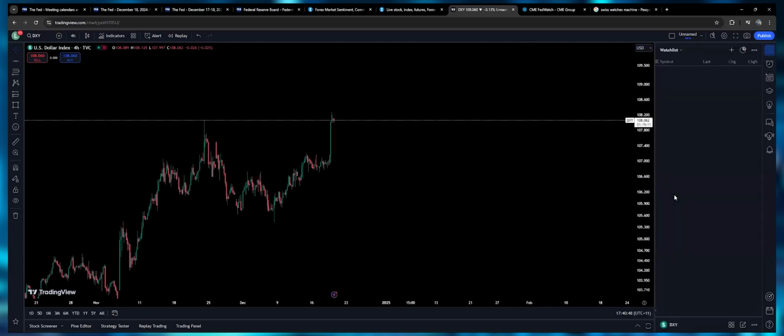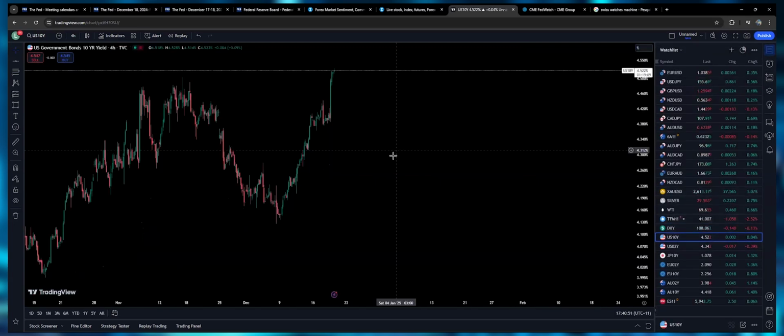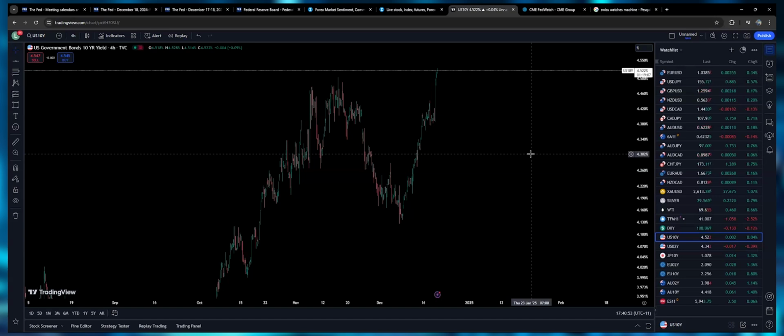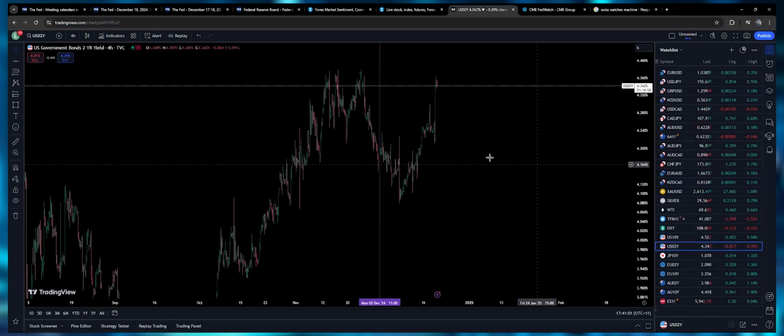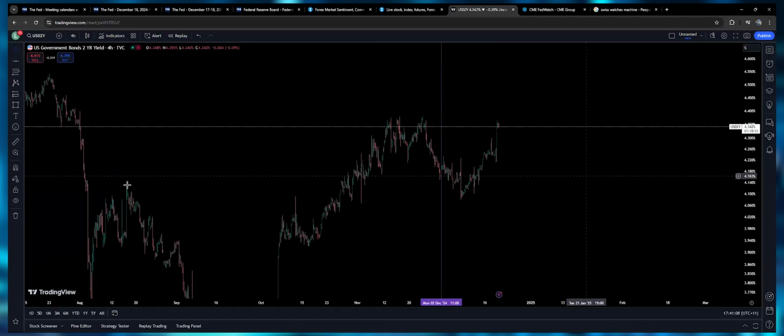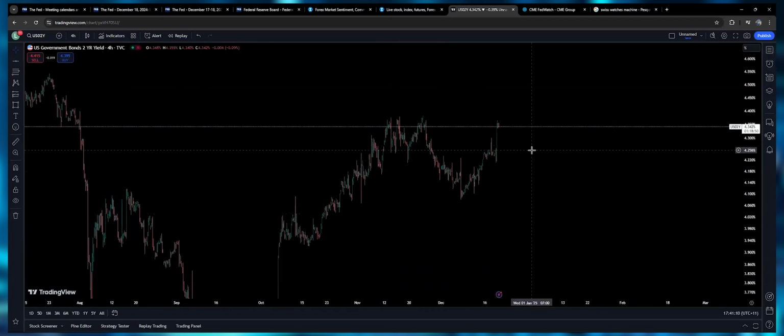As we see, the 10 years and the 2 years yield, the long and short-term bonds, the 10 year is trading at 4.552 at the moment, and the 2 year, for the short term, is trading at 4.34. So it's still somewhat reliable to have some money parked in the US, in my opinion.